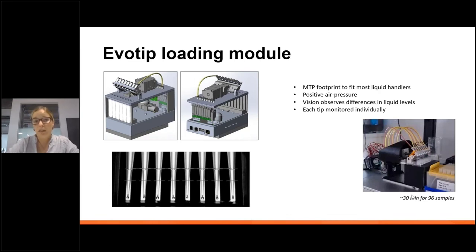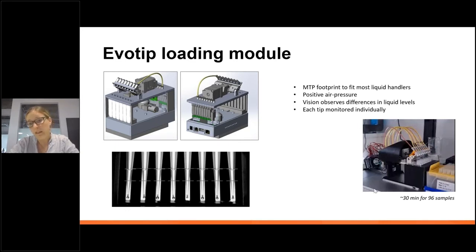It's working by positive air pressure and a simple open and close mechanism, where we can load 8 Evoseps at a time. And then we have some vision installed so that we can monitor each individual Evosep and look at the differences in the liquid level when we take pictures throughout the loading process, and thereby monitor the loading.